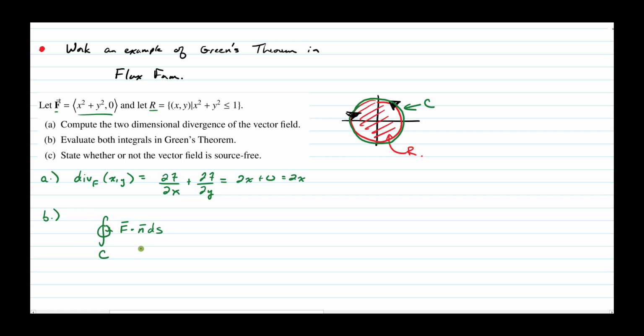So this is our flux integral, although this is not very easy to work with for the calculation. So another way to give this integral is to say that that is this integral here. So this would be f dy minus g dx. That's another way to give the flux integral.